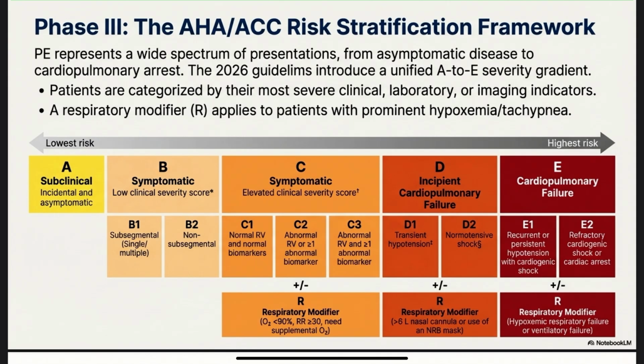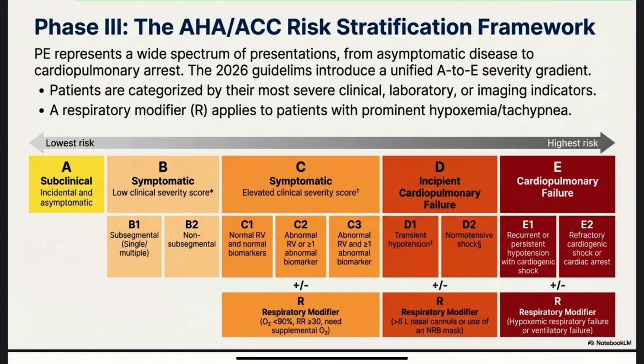E is again cardiopulmonary failure. E1 is recurrent or persistent hypotension not responding to fluids or needing vasopressors and going into cardiogenic shock, and E2 is refractory cardiogenic shock with arrest. Here again hypoxemic respiratory failure which may need a ventilator is possible in E. So very simple, A, B, C, D, E. As I told, A is asymptomatic.